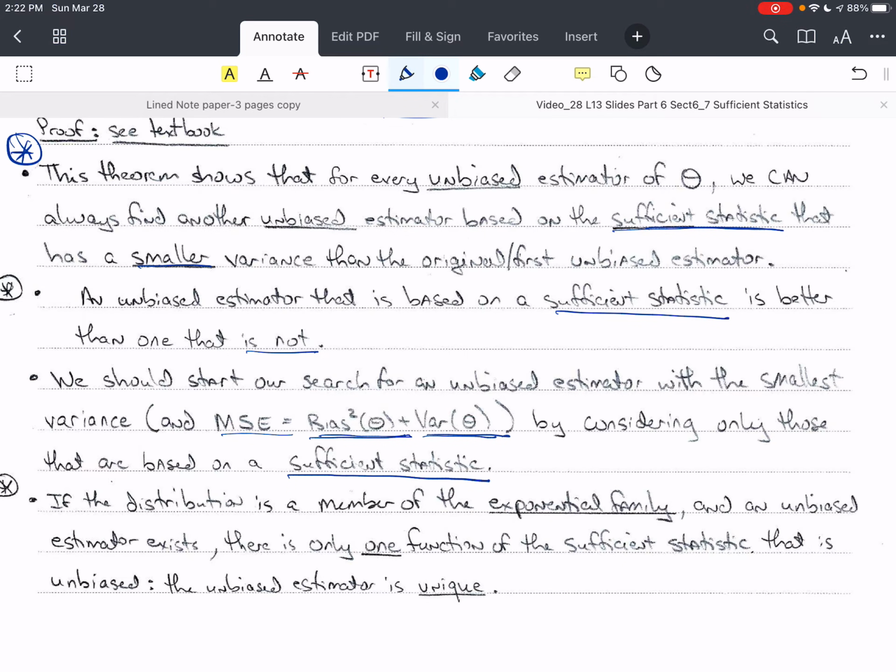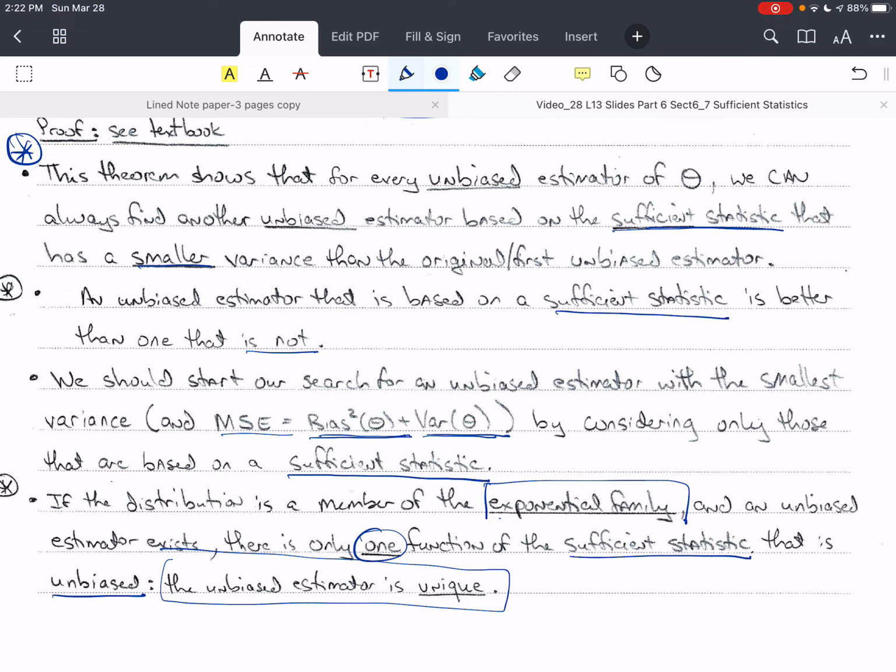Now, if a distribution is a member of the exponential family and an unbiased estimator exists, there is only one function of the sufficient statistic that is unbiased. In other words, the unbiased estimator is unique, but it's only for an exponential family.